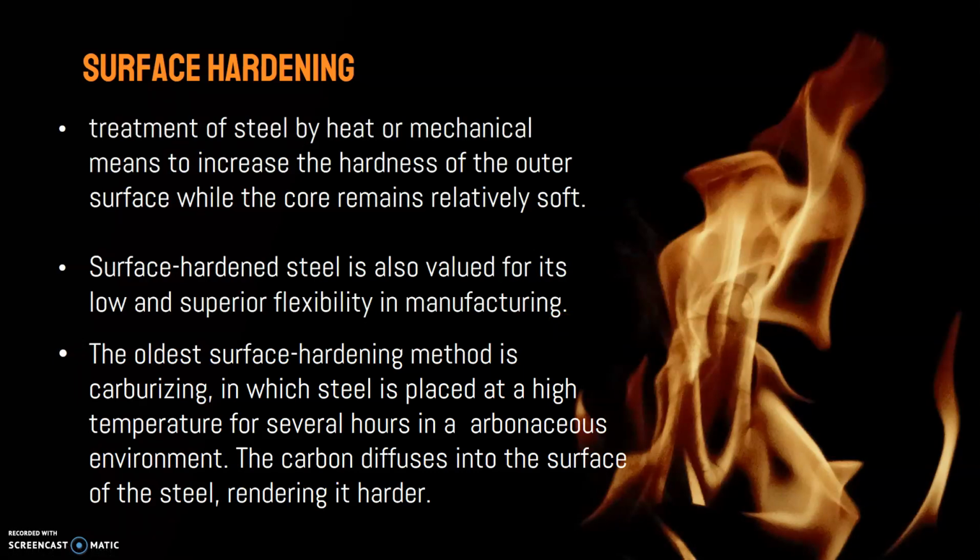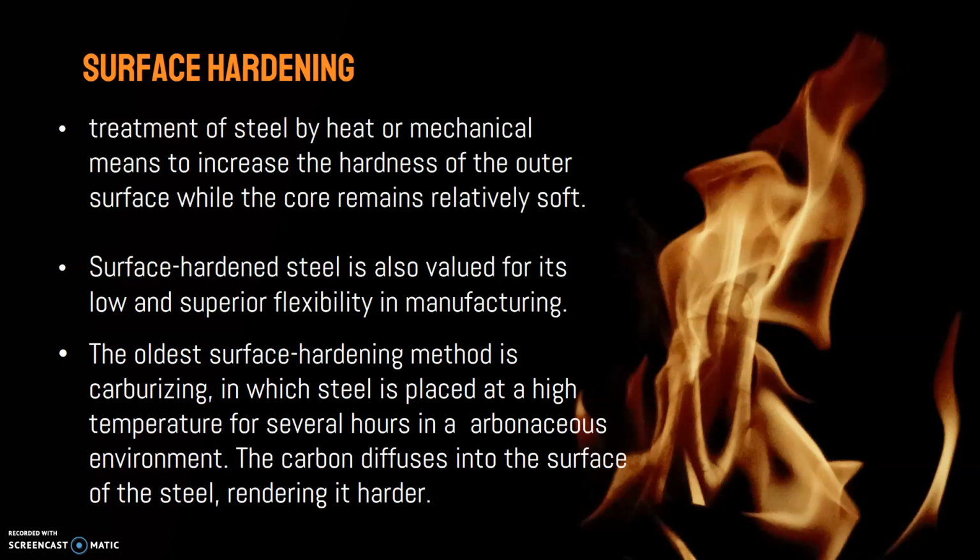Now, surface hardening is a treatment of steel by heat or mechanical means to increase the hardness of the outside surface while the core remains relatively soft. Surface hardened steel is also valued for its low cost and superior flexibility in manufacturing.